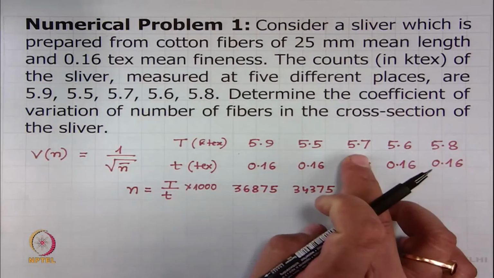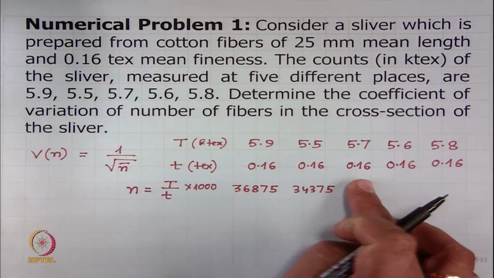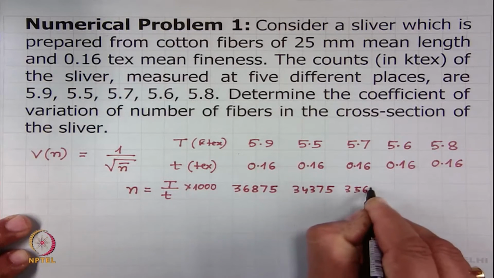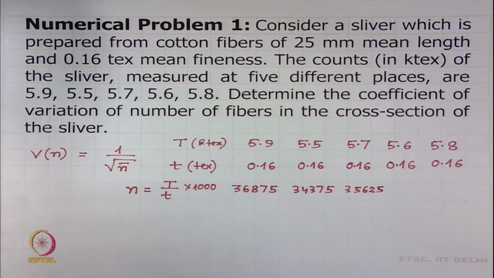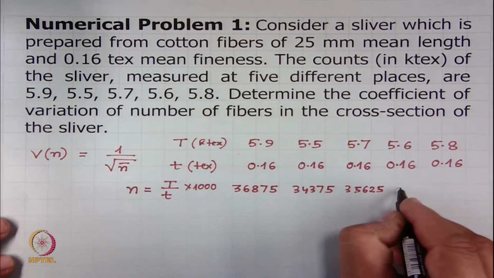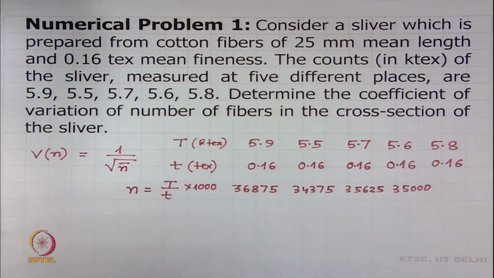Then 5700 divided by 0.16, then 5600 divided by 0.16 will give you a very nice number, 35,000.